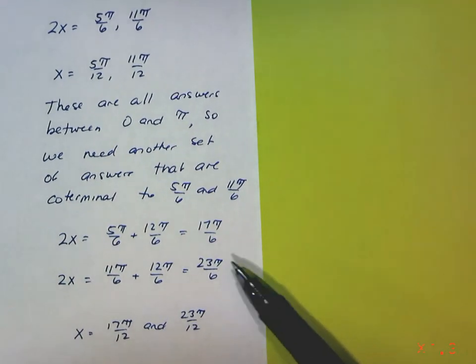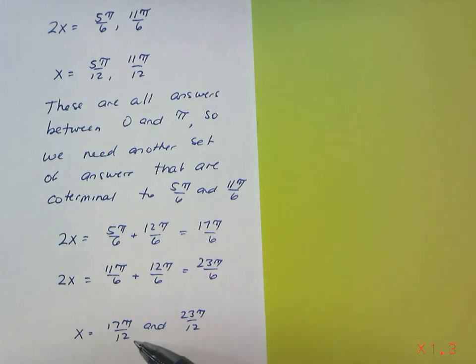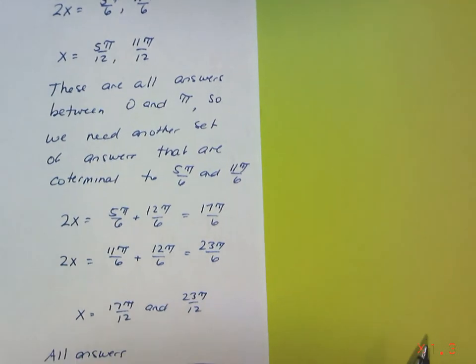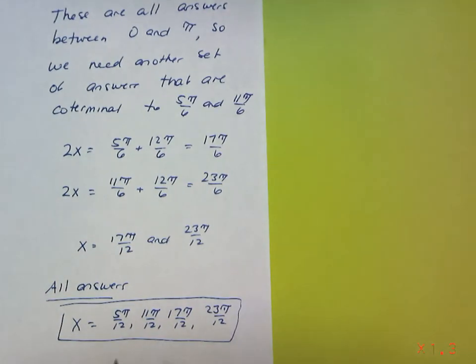So if I take 17 pi over 6 and divide it by 2, I get x is equal to 17 pi over 12. If I take 23 pi over 6 and divide by 2, I get 23 pi over 12. So my answers are going to be all 4: 5 pi over 12, 11 pi over 12, 17 pi over 12, and 23 pi over 12.